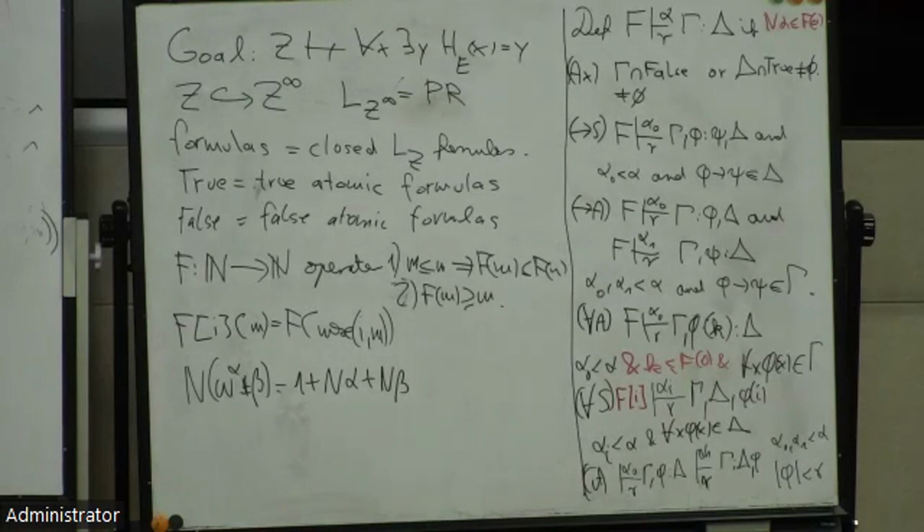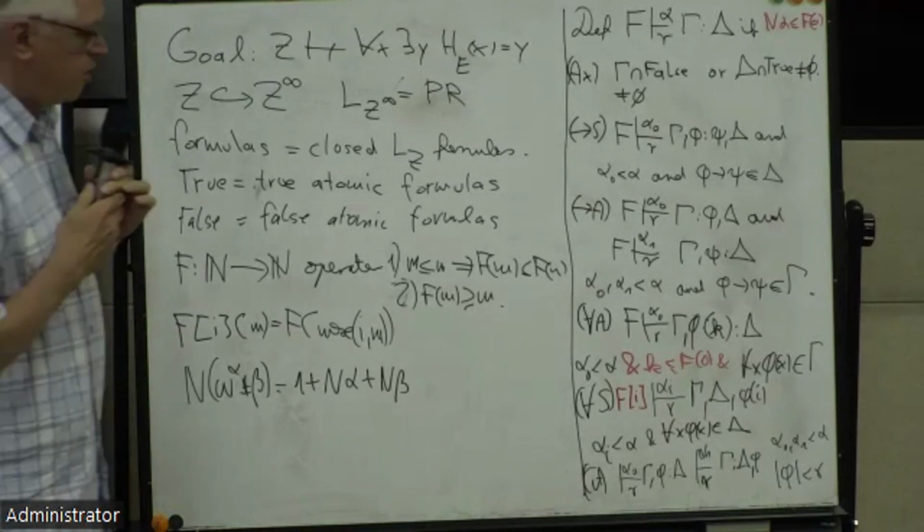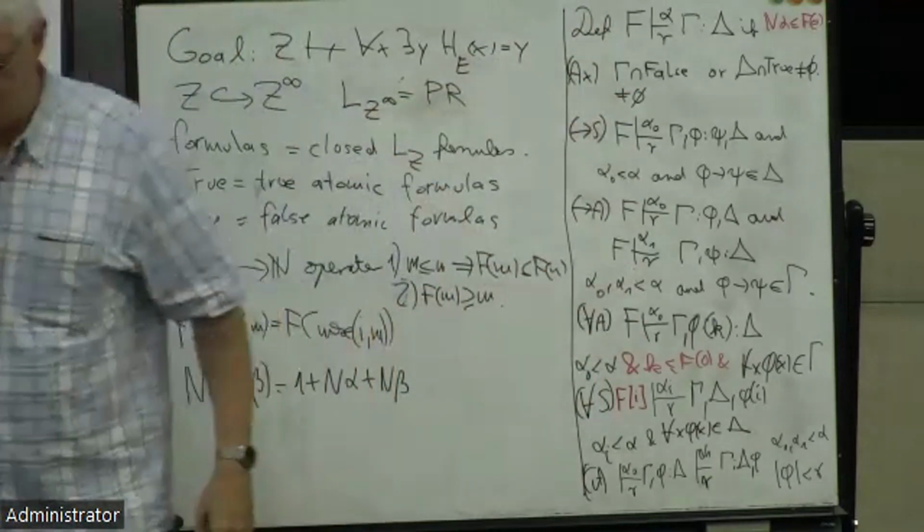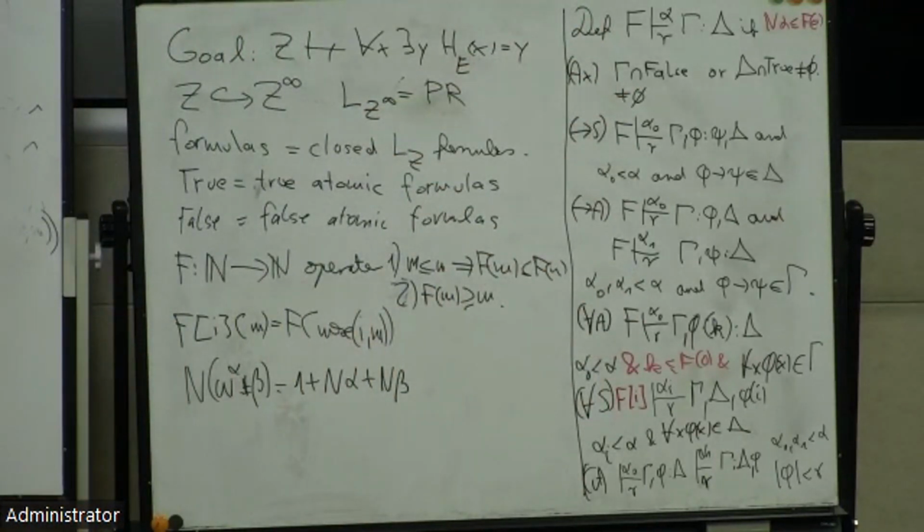Okay, now this is a calculus which I invented some years ago, which allows for a smooth characterization of the provably total functions. Now the first thing is we want to have a weakening lemma, but this is easy.